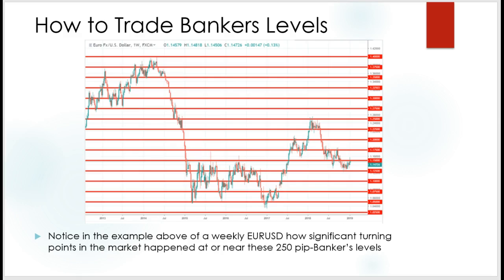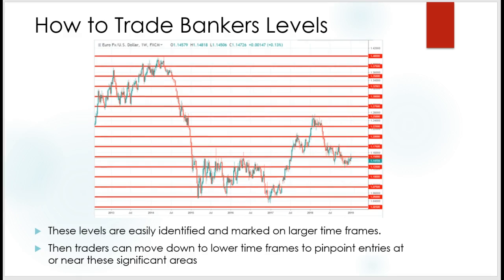Now notice in the example above, at a weekly Euro chart, how significant turning points in the market happen at or near these 250 pip bankers levels. These levels are easily identified and marked on a larger time frame. Then traders can move down to lower time frames to pinpoint entries at or near these significant areas.